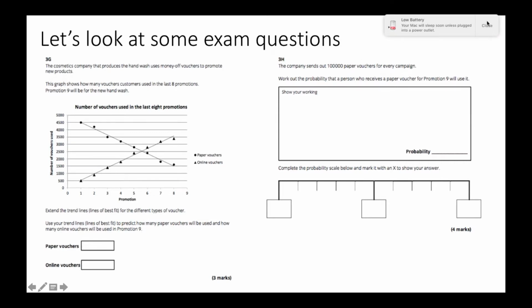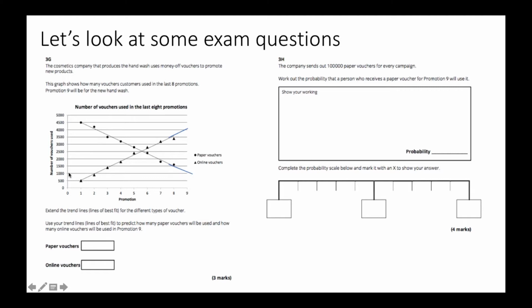So first of all, I'm going to extend each line as straight as I can. Now obviously you have this on paper and use a ruler. All right, so I've extended them as best I can, and then it says paper vouchers, which are the circles for promotion 9, and I'm going to go up from promotion 9 up to my line.